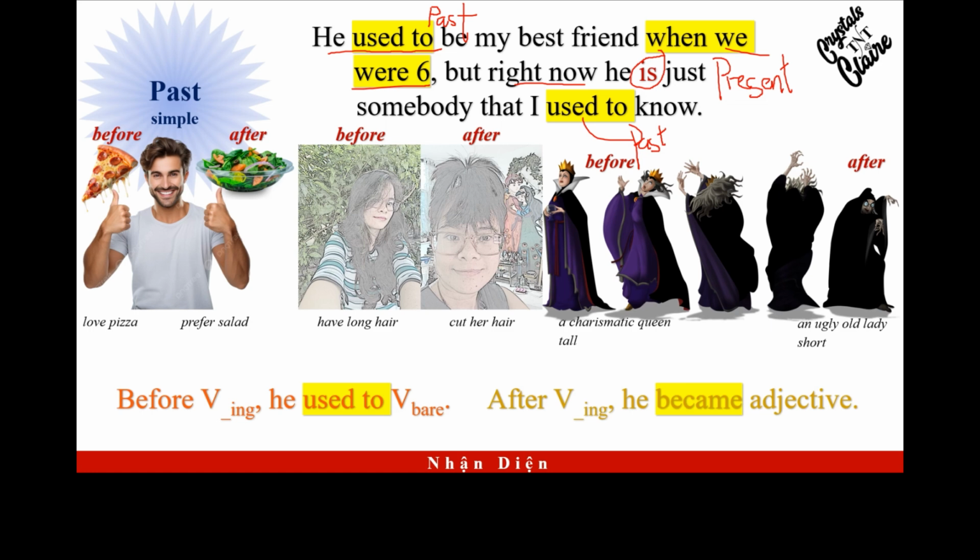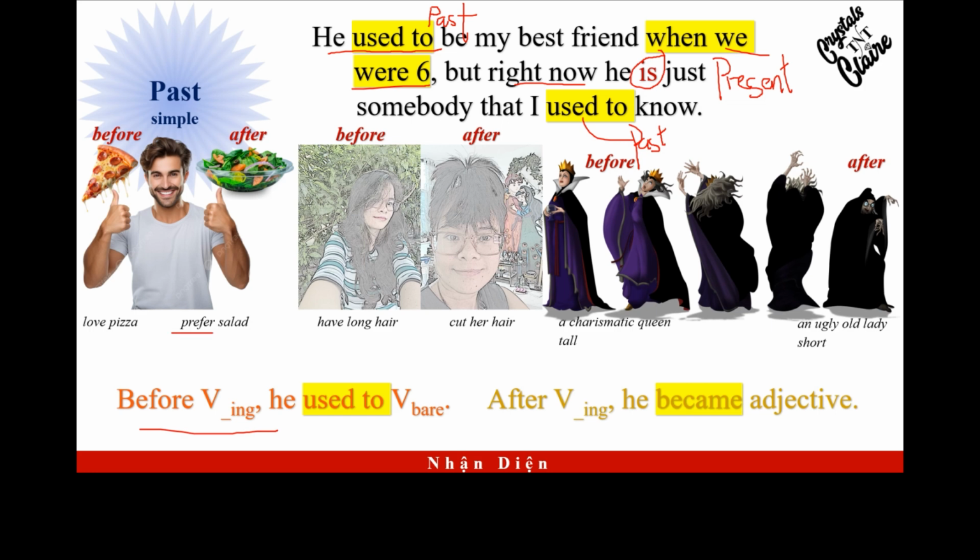Okay, so before, let's look at here. First, the structure. Before doing something, he used to be verb be. For example, before having a healthy diet, he used to be very fat. Okay, before eating salad, before preferring salad, he used to love pizza.